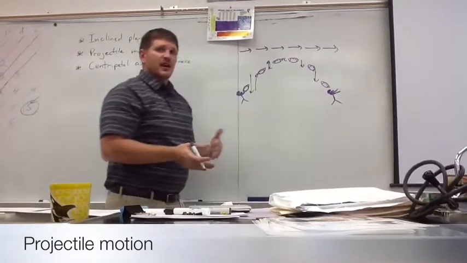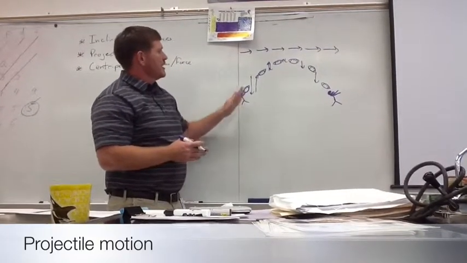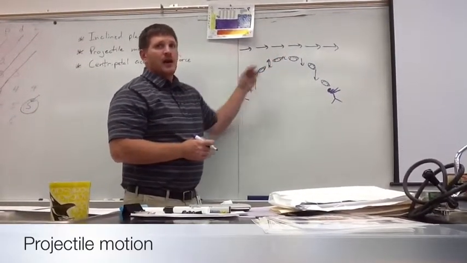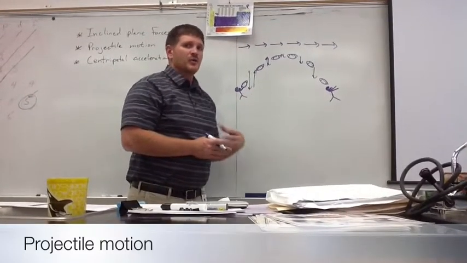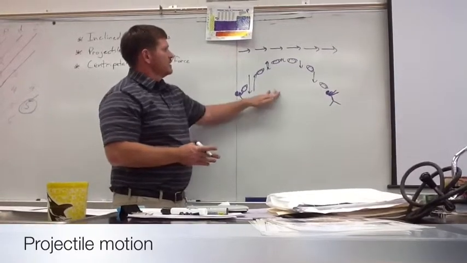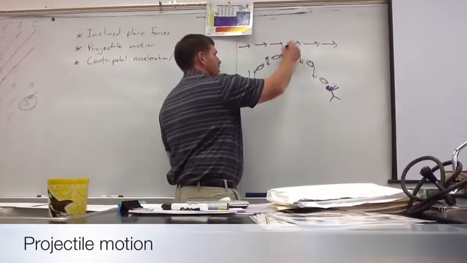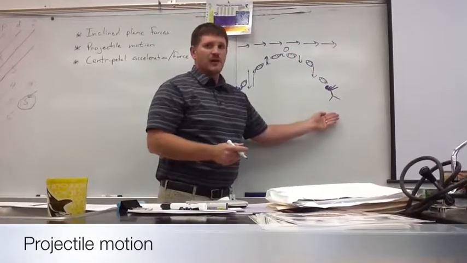Now, the nice thing about projectile motion is as I'm going up, I can make predictions on when I'm going down. It's going to end up falling at the same rate. So I have to overcome gravity, but then once I'm at the top, I have a 0 point, and I can fall at that rate.